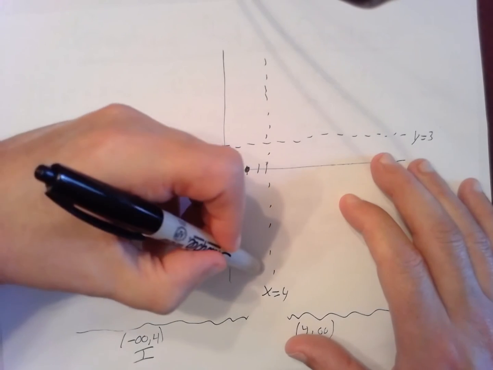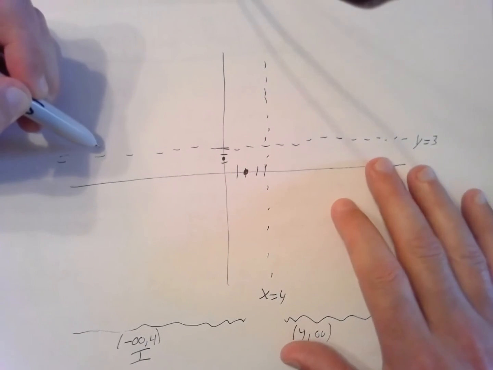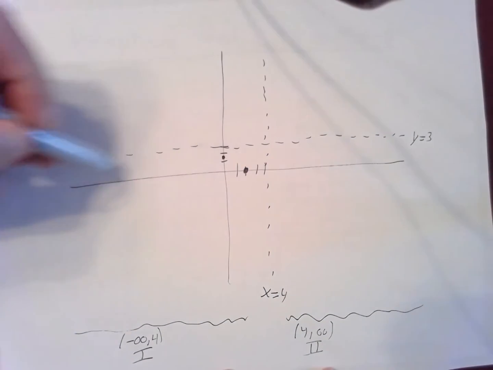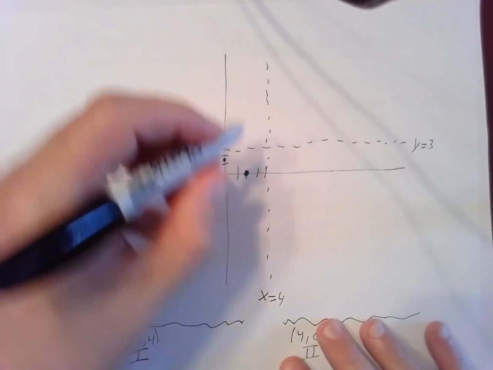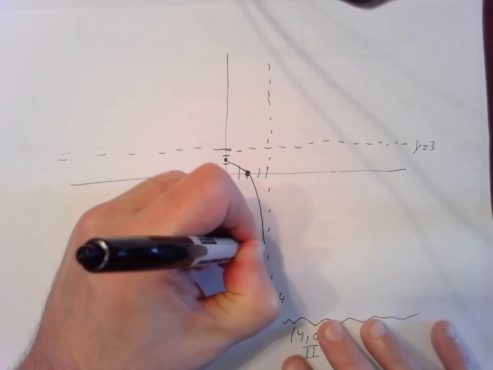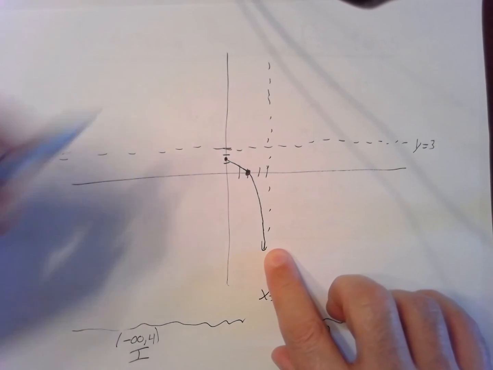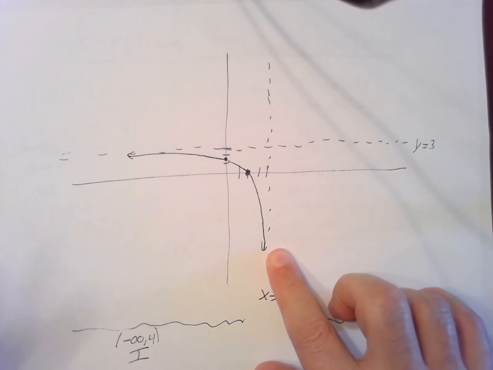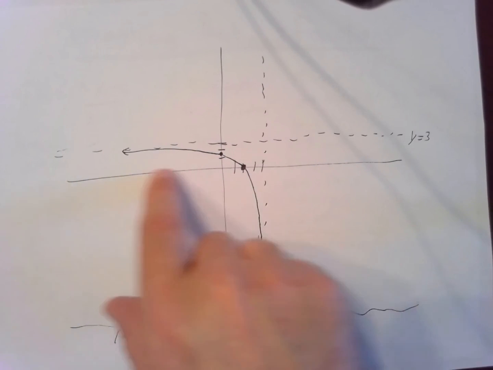So could the graph come up, hit these points, and come on top of the asymptote? No. I just said we're never going to cross this asymptote. That was the last step. So this graph has to hug the vertical asymptote, has to hit these points, has to come down, get closer and closer to this vertical asymptote, has to get closer to this horizontal asymptote. Section 1 is done. The graph has to look like this.